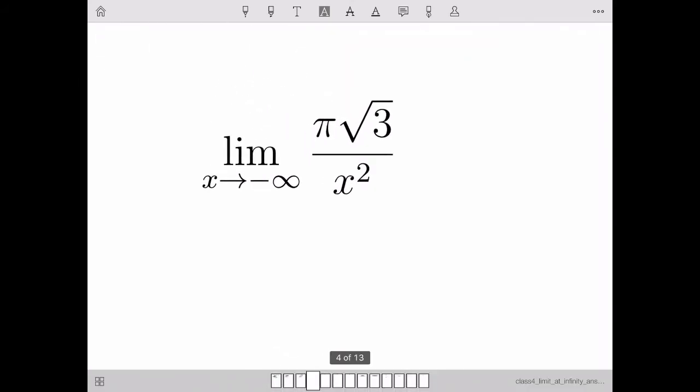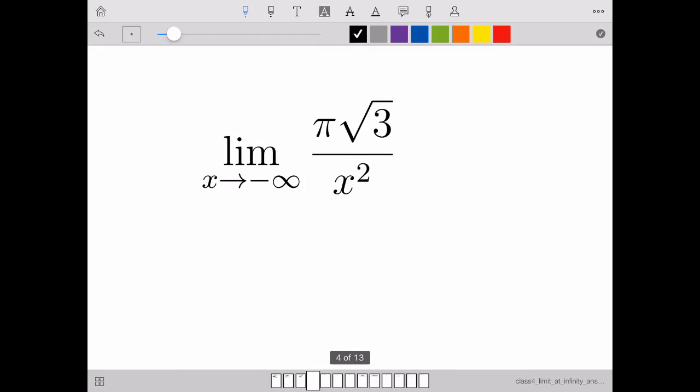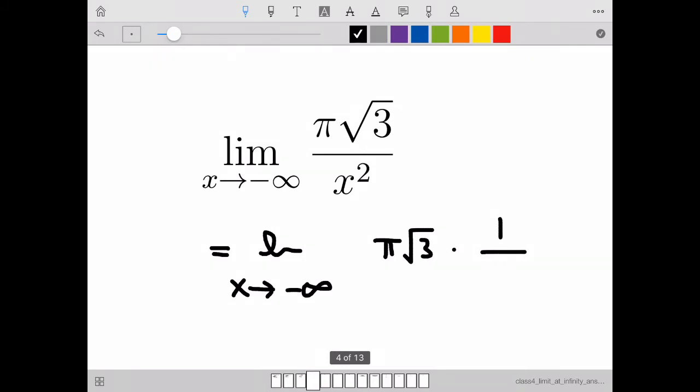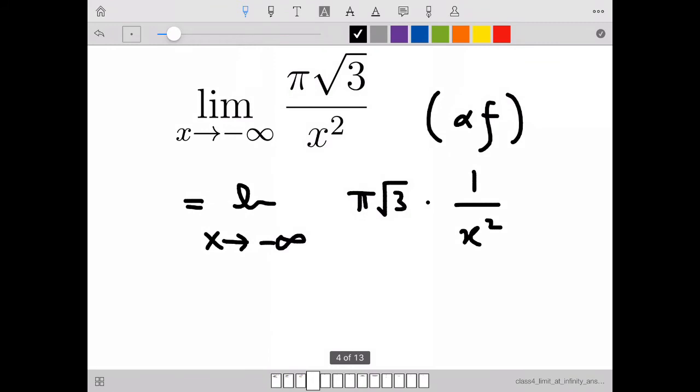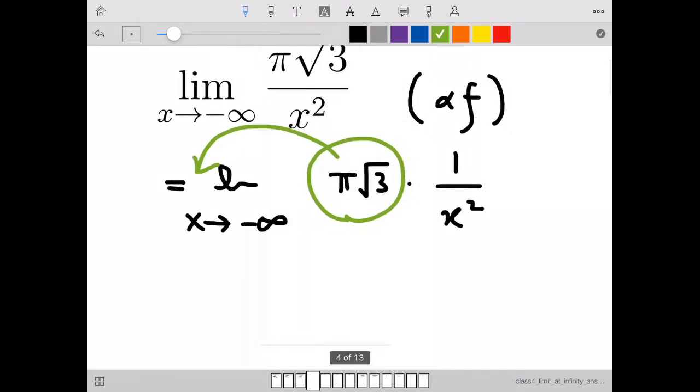B. If we have this, well, I can write that as the limit as x approaches minus infinity of pi times square root of 3 times 1 over x squared. This is a constant multiple of a function. So that is alpha f, right? The limit of a constant multiple of the function is the constant multiple of the limit of the function, because here the limit as x approaches minus infinity of 1 over x squared has finite limit 0.